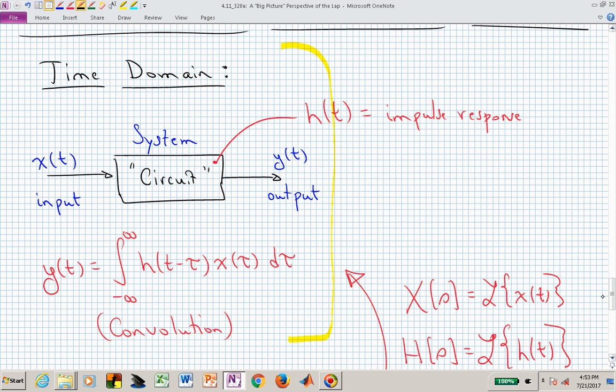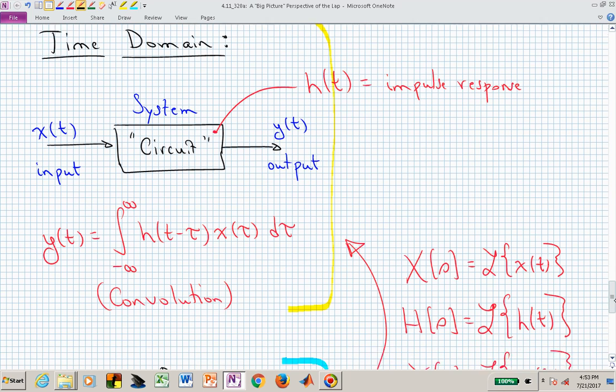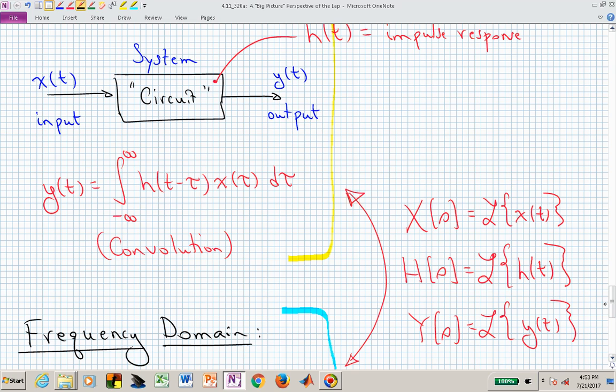That's what happens in the time domain. We find the impulse response, or we use the impulse response of our system. We convolve that with the input x of t, and that produces the output. The reason why we might want to move back and forth between the time domain and the frequency domain is if we transform all of these time domain signals and systems, x of t and y of t would be signals. We transform those into the frequency domain.